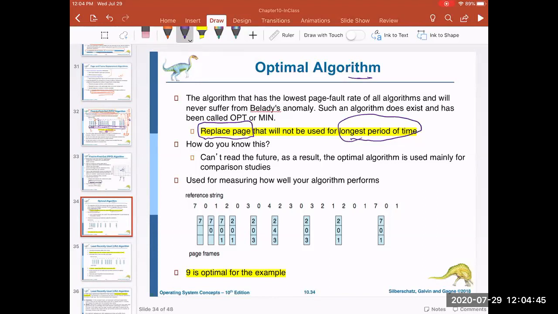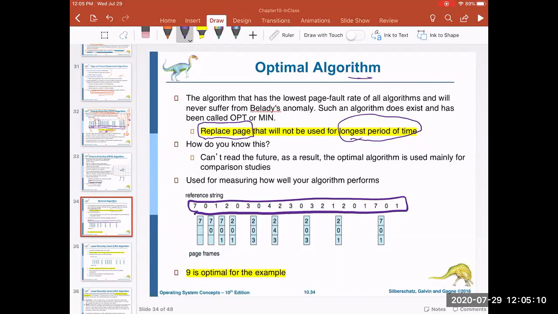So how do I know this thing about the future, like what frame would be called next? This is a hypothetical situation; I cannot predict it. Something similar we discussed in shortest job first: we are not sure which job would be the next one, so we make a few assumptions.